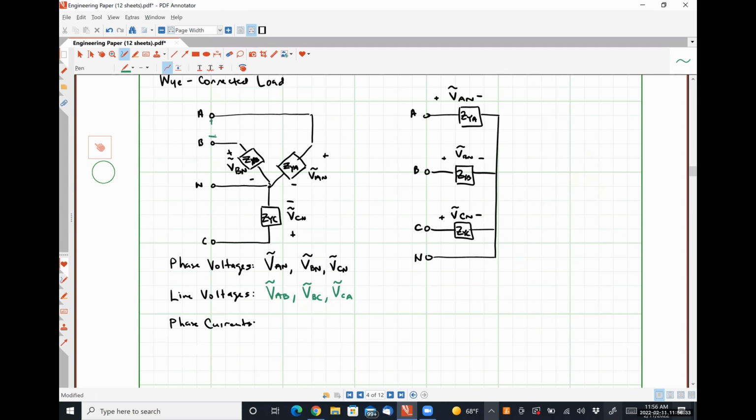So we can call this voltage here VAB, and it's a little easier to see them on this side, so I'll do VAB, VBC, and VCA. And then finally, we are going to have our phase currents, which will be IAN, IBN, and ICN.